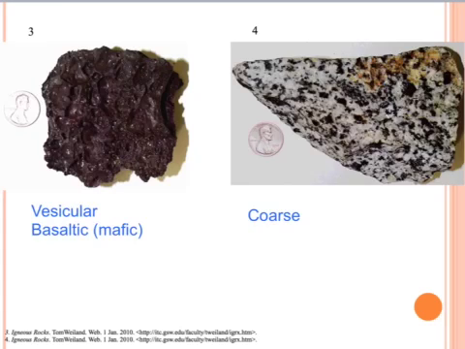Next, what's the composition? Basaltic, granitic, or intermediate? Your answer is intermediate. The reasoning is because about half the rock is black and half the rock is white. Therefore, it's intermediate. Half dark, half light.